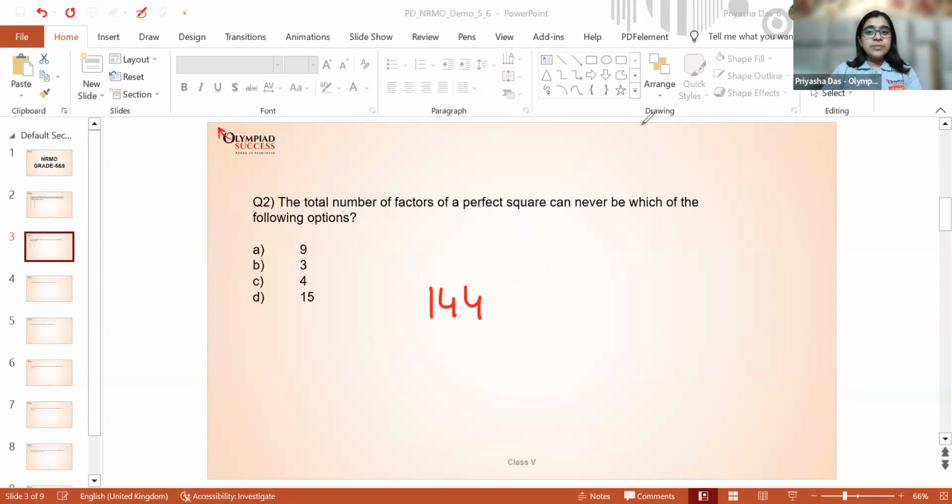And then you have to count with me also. 1, 144, 2, 72. Any problem till here? No. Then we have lots and lots of factors. What are those factors? Anyone? In the chat? Harnit, there are more.